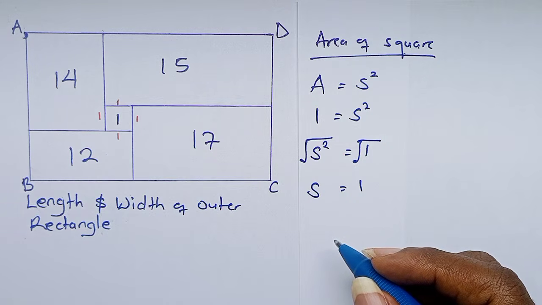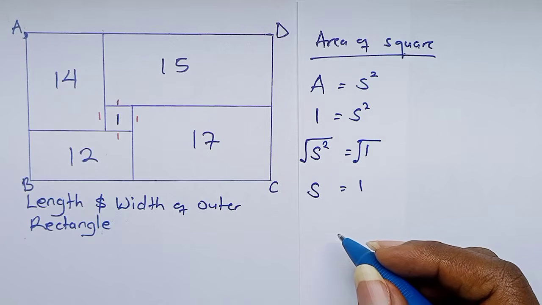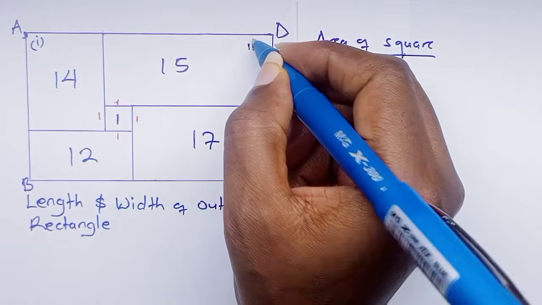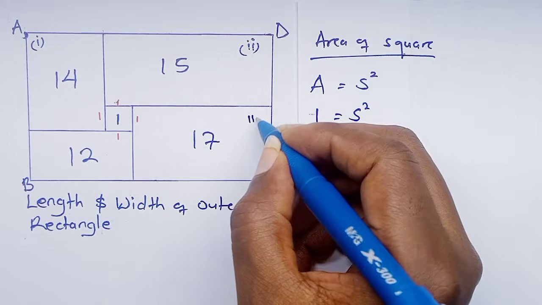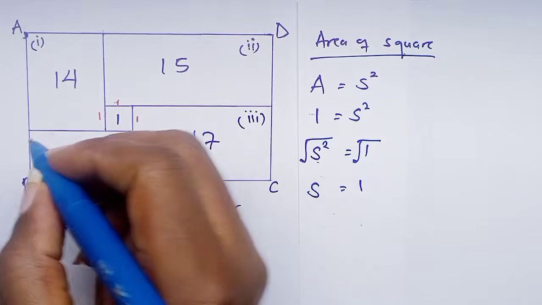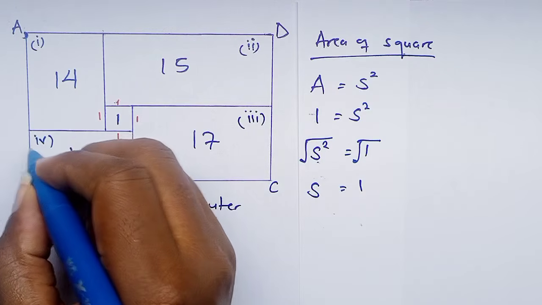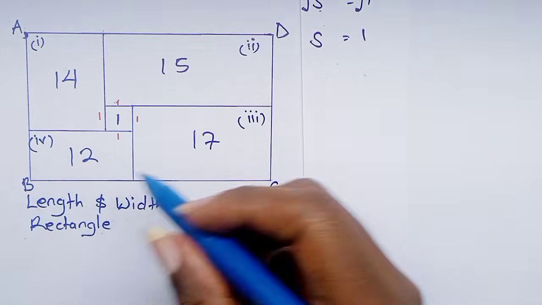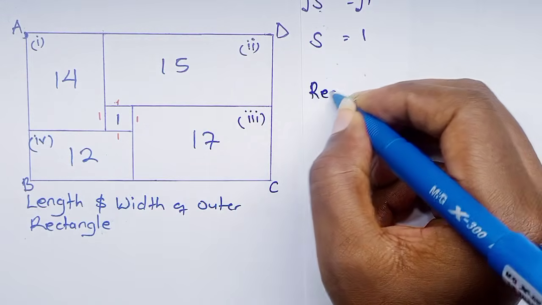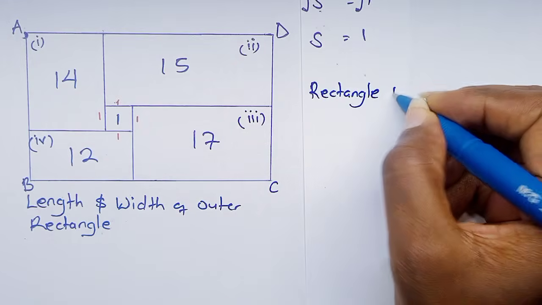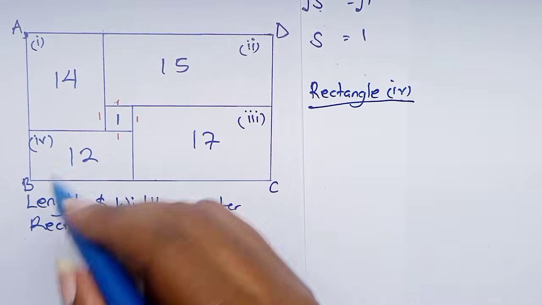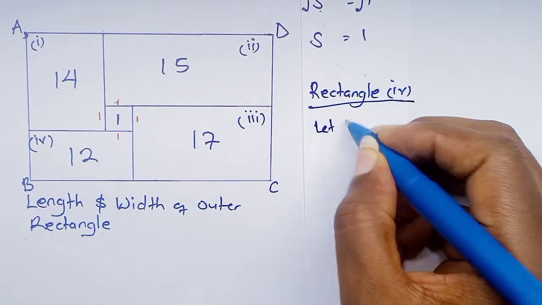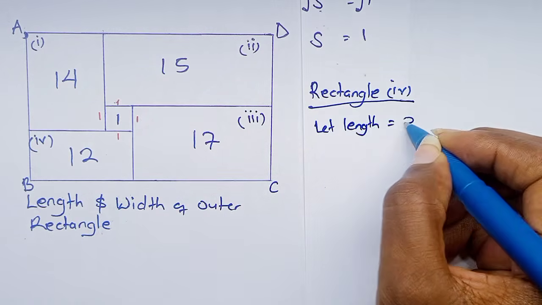Now let's label all our rectangles that are inscribed for easier identification. So let this be 1, let this be 2, let this be 3, and let this be rectangle 4. Now if we first focus on rectangle 4, this one here, let its length be x.